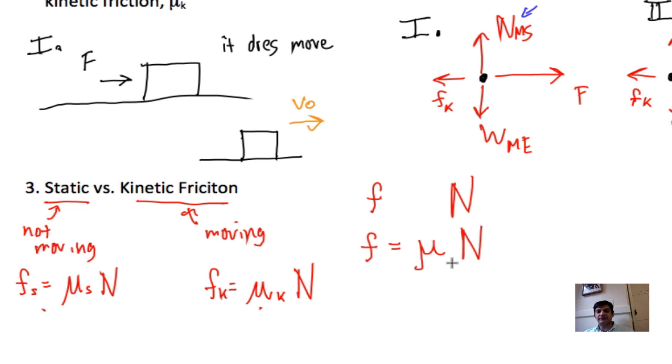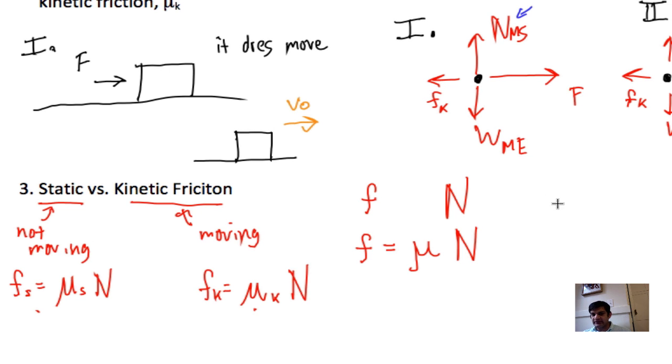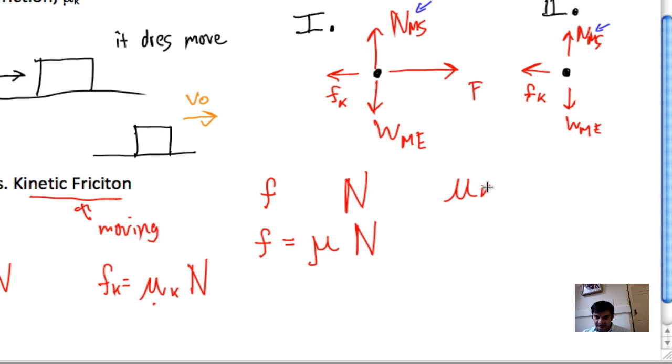It actually turns out that there are slight differences in how these frictions act on objects. The key difference, and this is very important for AP Physics, is that in almost every single case, and I'll say this tentatively, in every single case that we are going to study in AP Physics, the kinetic coefficient of friction is always less than the static coefficient of friction.